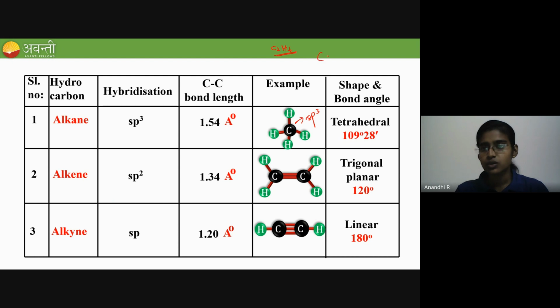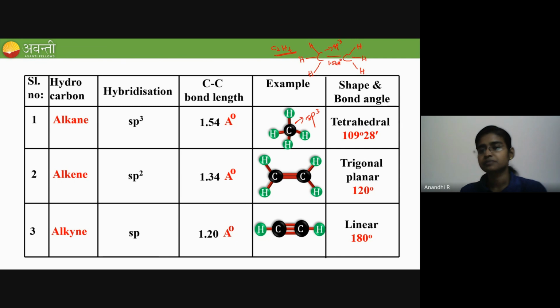Carbon is bonded with another carbon, and each carbon is bonded with 3 hydrogen. The name of this molecule is ethane. The hybridization of this carbon is sp3 because it has 4 single bonds around it, and the carbon-carbon bond length is 1.54 angstrom.